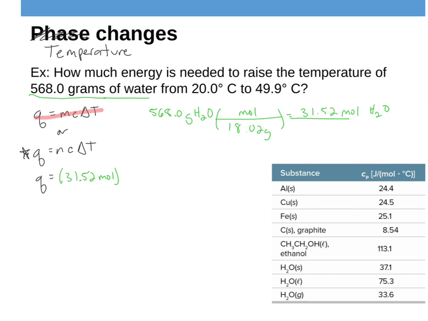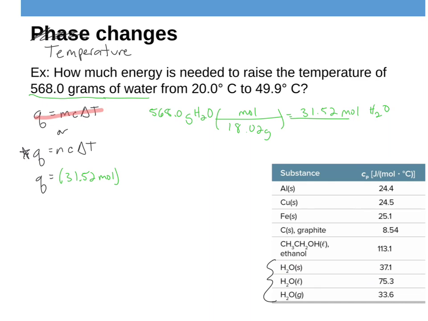Because I'm using water, so I know I got H2O. But if I look at this, I see 3 entries for water. And this is a really important thing to notice: the specific heat of solid water, ice, is different than the specific heat of liquid water, which is different than the specific heat of water in the gas phase.